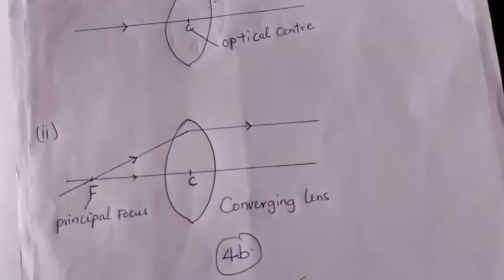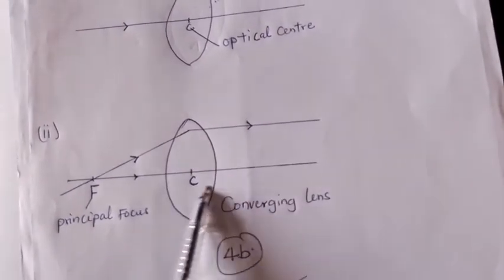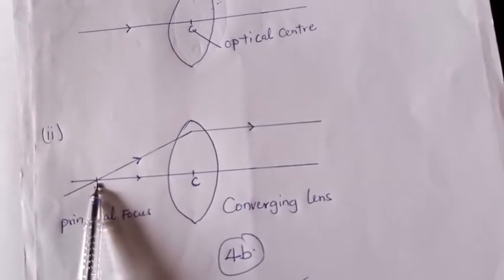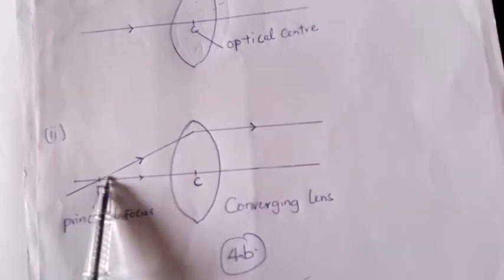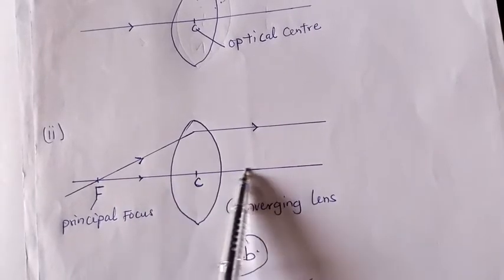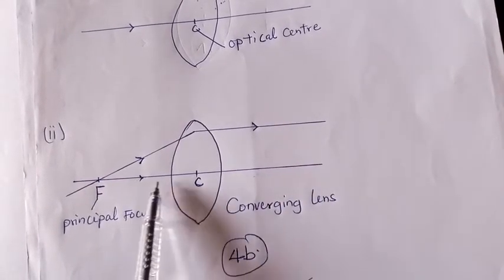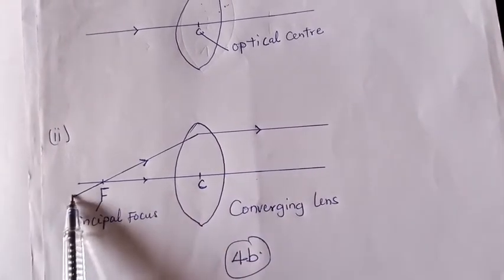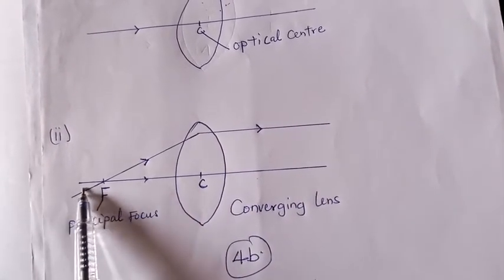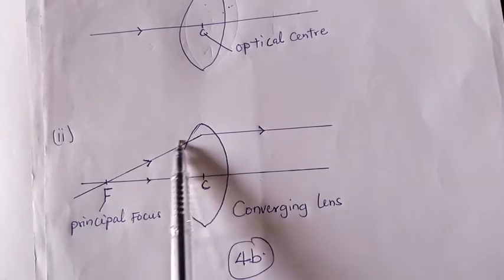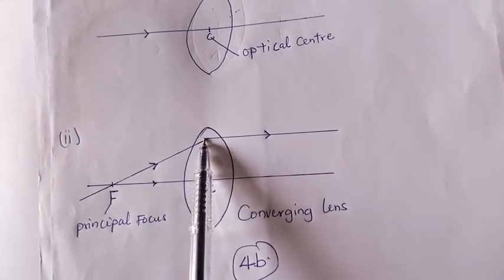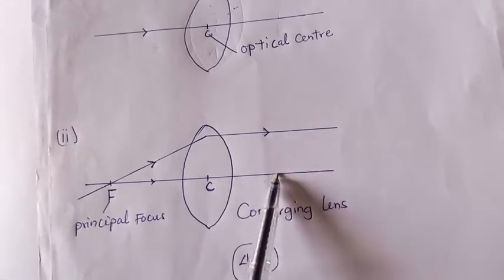The next one talks about another convex lens, whereby we have this place as the principal focus, and this line entering the convex lens is called the principal axis. And remember, it doesn't deviate. When a light ray passes through this principal focus and enters the lens, it comes out parallel to the principal axis.